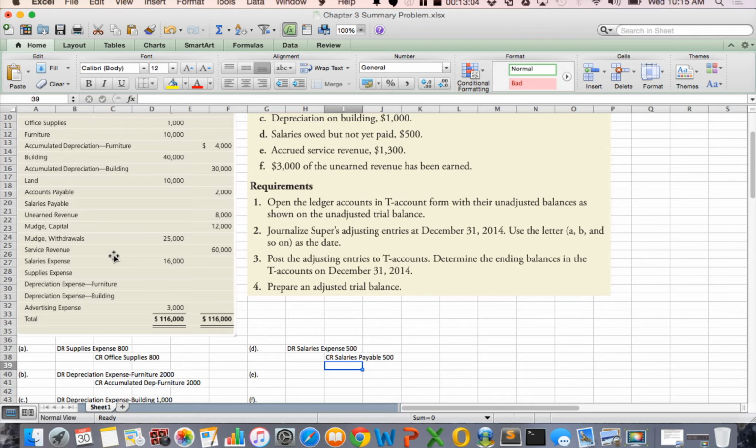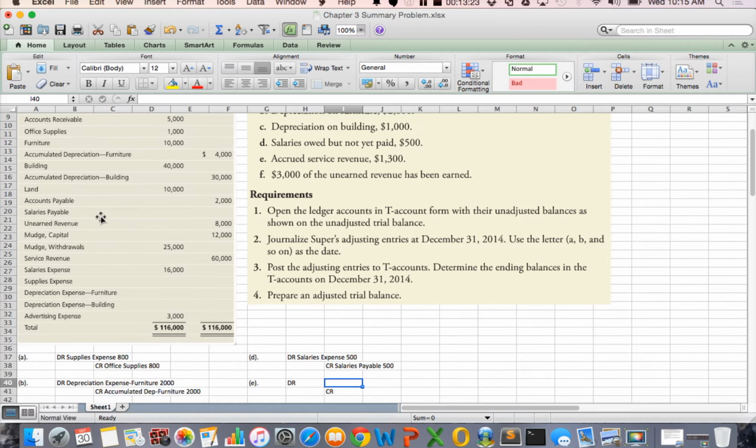So then I have accrued service revenue. Well, right there in the title, what does that tell you, what type is this? Accrued revenue. Okay, so what's my debit and credit here based on these accounts over here? Accounts receivable.